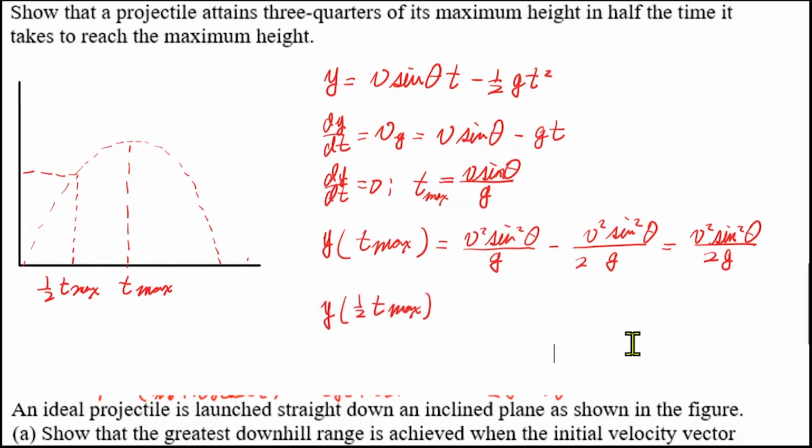Now we're going to put 1/2 of T max. So half of this is just basically putting 2 in the denominator now, isn't it? Do you see where this is going? So if we plug that in here, then we'll have this. And then we have 2 here, so 2.